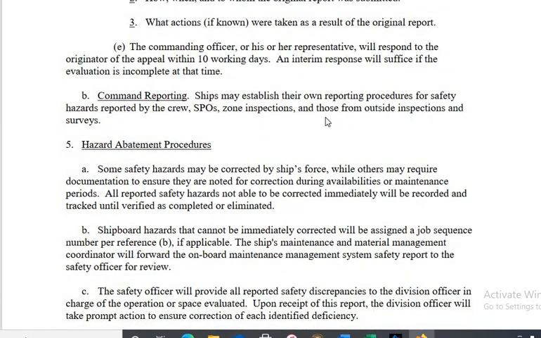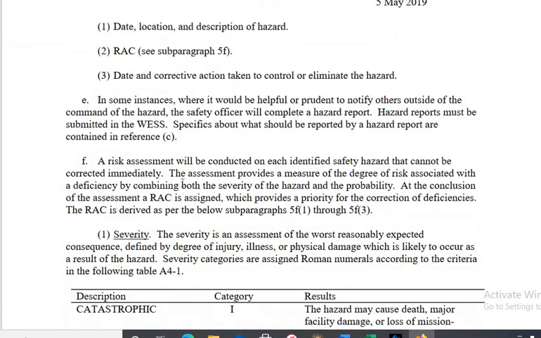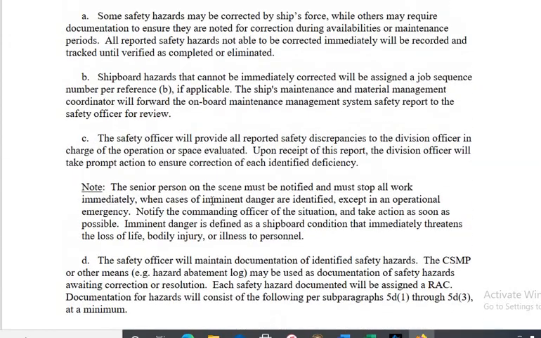And then ships can also establish their own reporting procedures if they want to. So moving on to hazard abatement. Let's see, there was a note here that I thought was important. If there is an immediate danger, all work stops, and the senior person says, nope, we're closing out, unless there's an operational emergency.